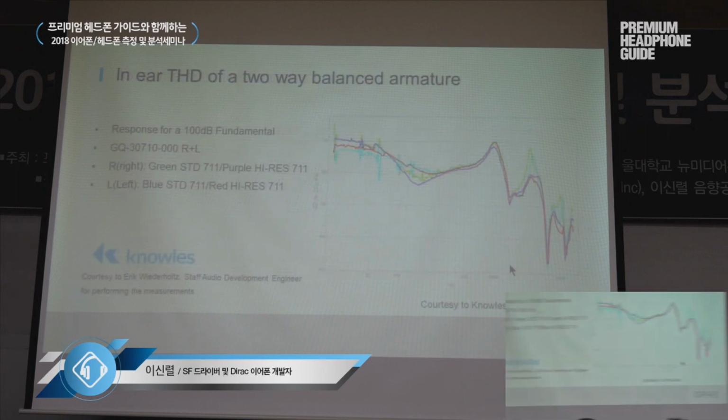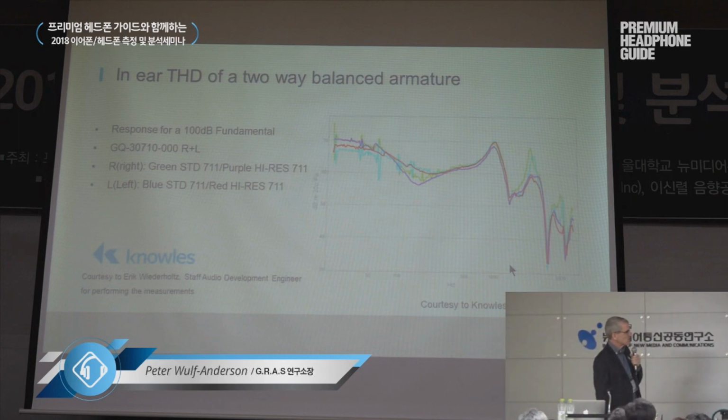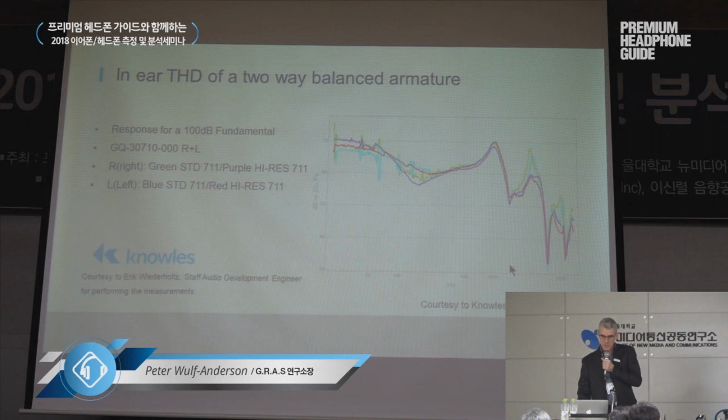Again, practical measurement, same customer, same driver. Now we're just doing a THD measurement. The fundamental was a 100 dB input signal. And we can see that when we again have fundamentals that are a fraction of the two resonances, the THD is measured much higher than it actually is.